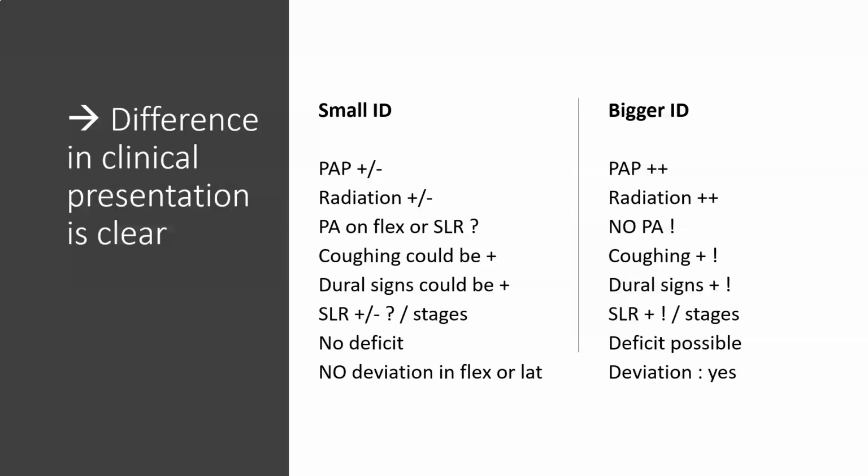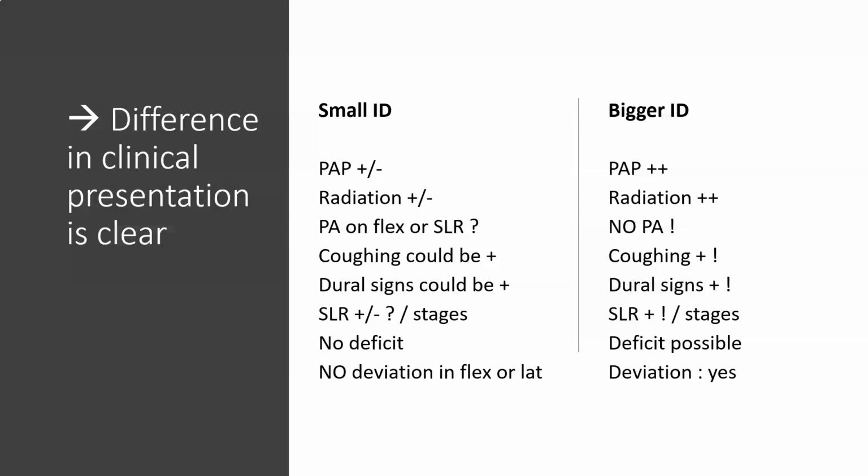Do we expect a painful arc in bigger protrusions? Certainly not. A painful arc on flexion and straight leg raise is typical for small internal derangements. What happens when you cough or sneeze? When there is a bigger internal derangement, those dural symptoms must be positive.